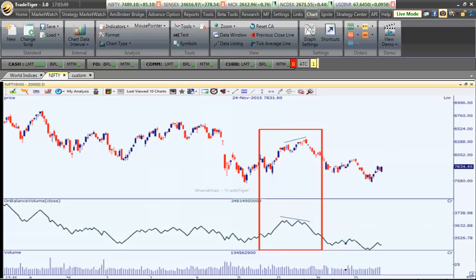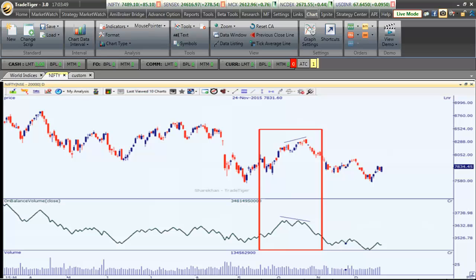Now, as we saw a minute back, if the price is moving in a particular direction and OBV is not moving in the direction of the price, it basically predicts a change in the price trend, and that is exactly what happened.